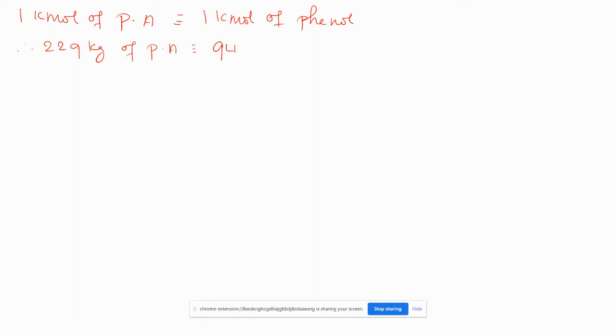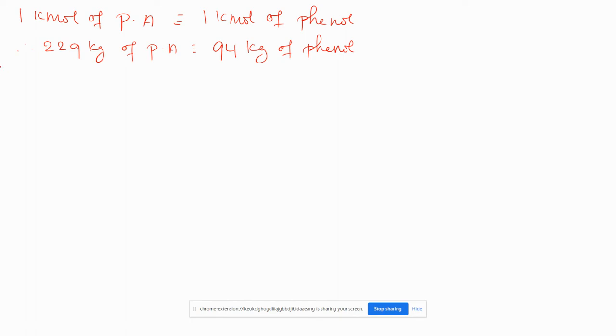So here 1 kilomole of picric acid is equivalent to 1 kilomole of phenol. Okay. So now first we will write with respect to molecular weights. 229 kgs of picric acid is equal to 94 kgs of phenol. This is as per the equation, relation.